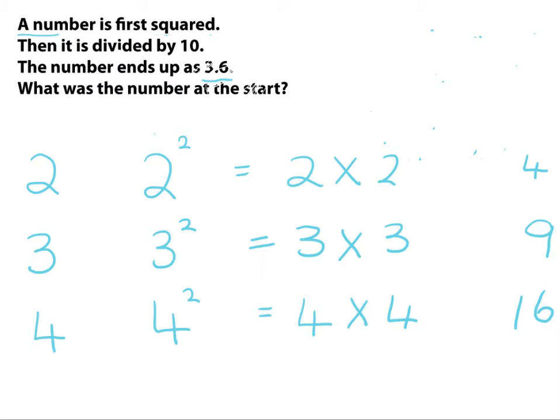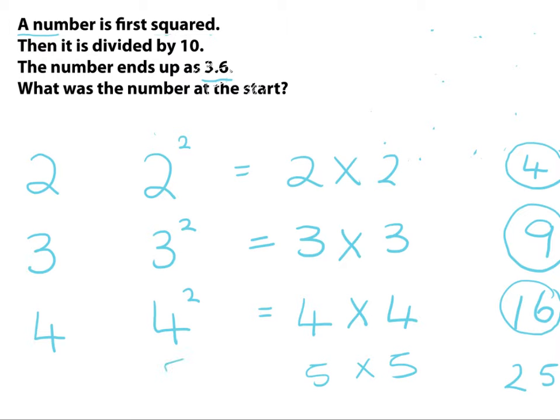But if you look, there are only certain numbers that are square numbers. 4's a square number, 9's a square number, 16's a square number. Can you think of the next square number? Well, you're right, it's 25. And it would be 5 times 5, written 5 squared.